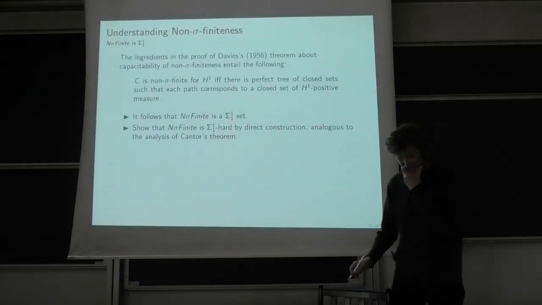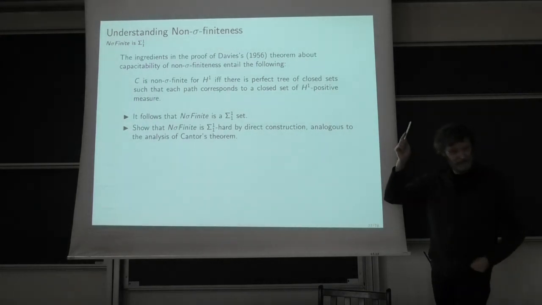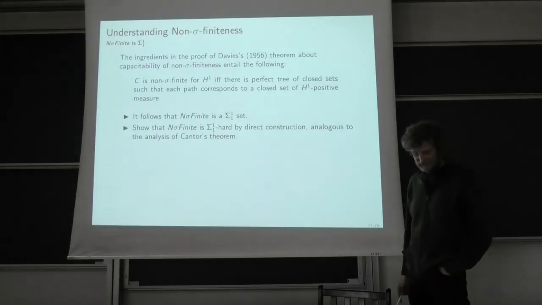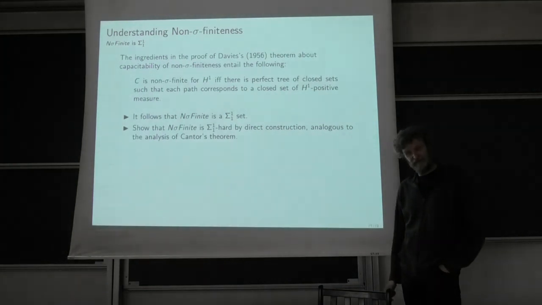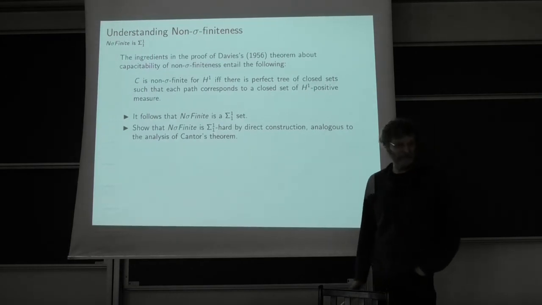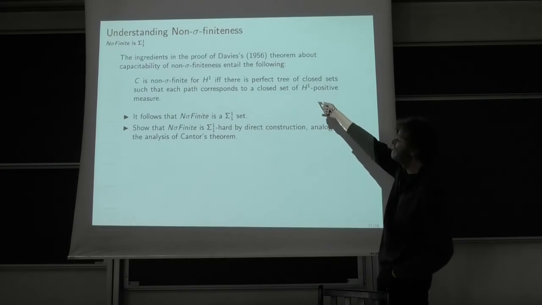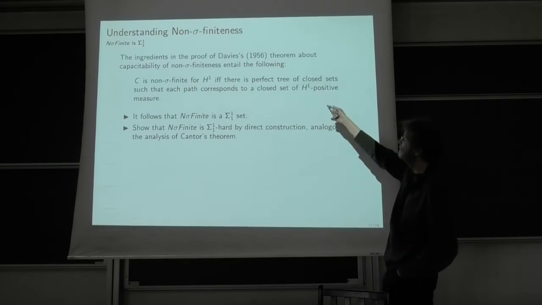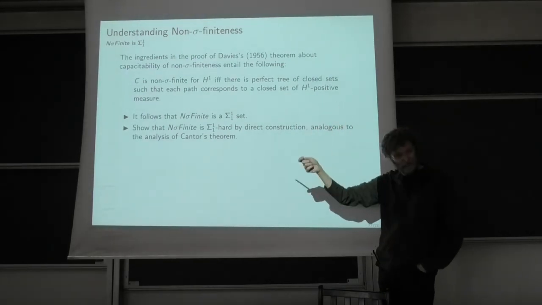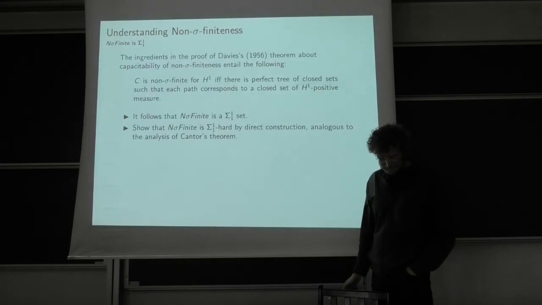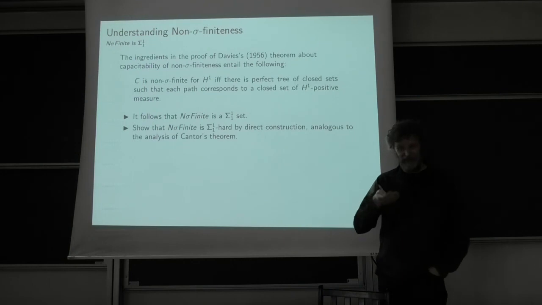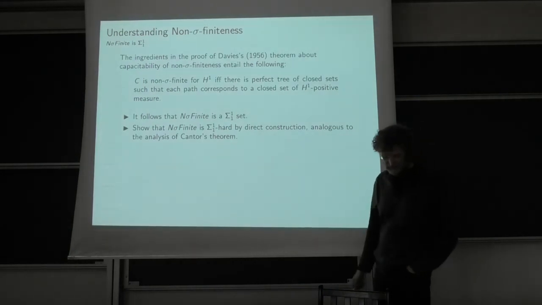Then that kind of apparatus is what goes into the analysis of not sigma finite. There is an analogous theorem to Cantor's theorem. There's a theorem of Davy's from the 50s, and this was what was used in the proof, that analytic sets that are not sigma finite have compact subsets that are not sigma finite.